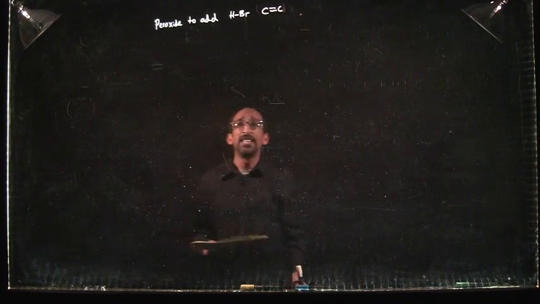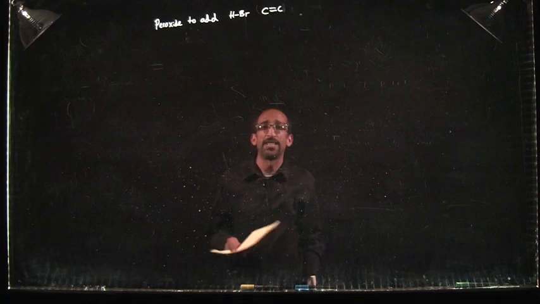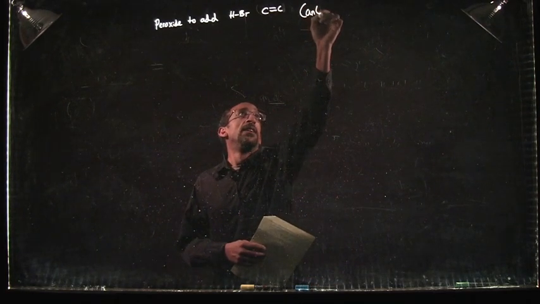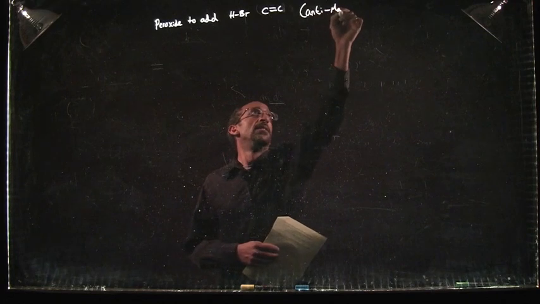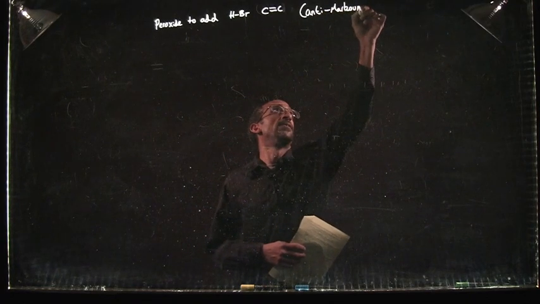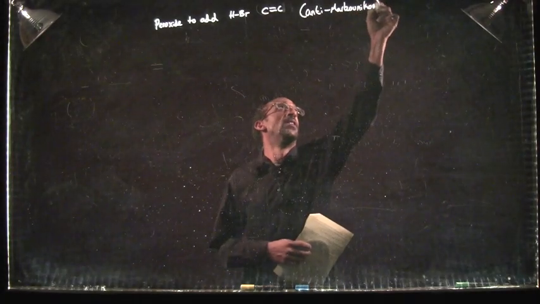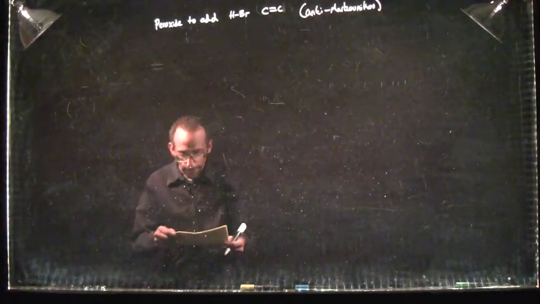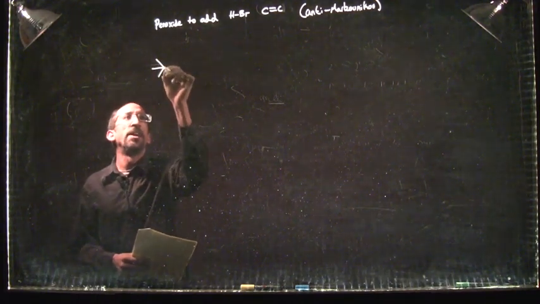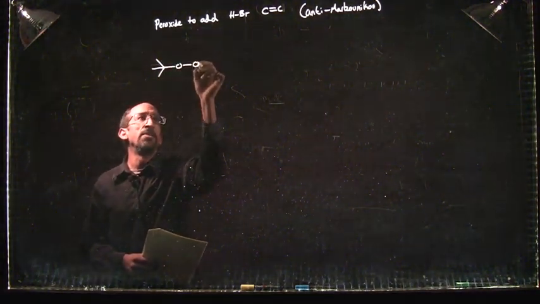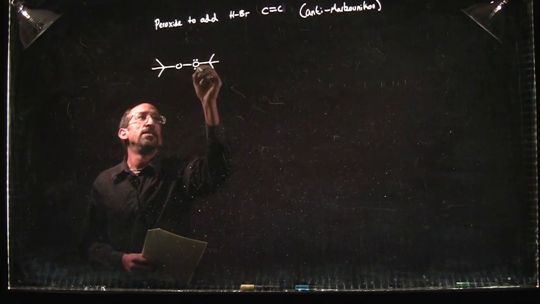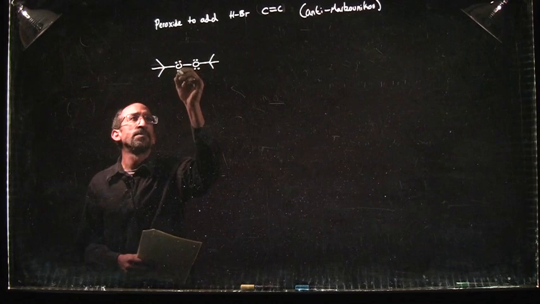But what we're going to see is that use of this peroxide to add HBr will give us anti-Markovnikov orientation of that HBr. So the peroxide that we're going to use is an organic peroxide, and perhaps the most common organic peroxide for this purpose is t-butyl peroxide.